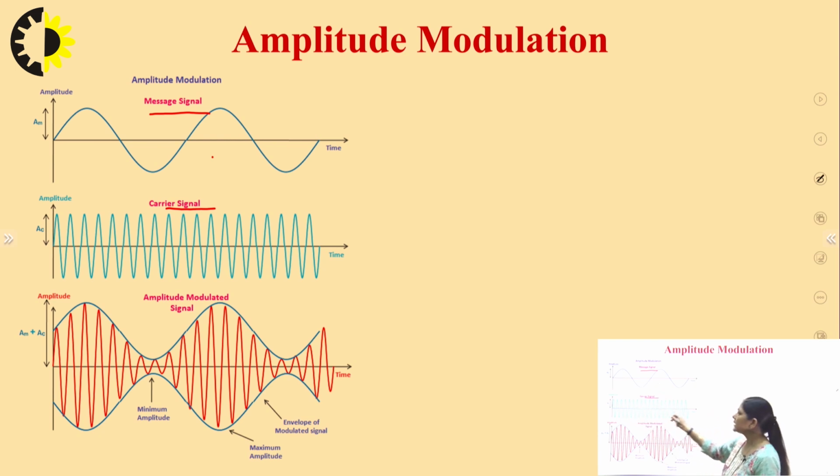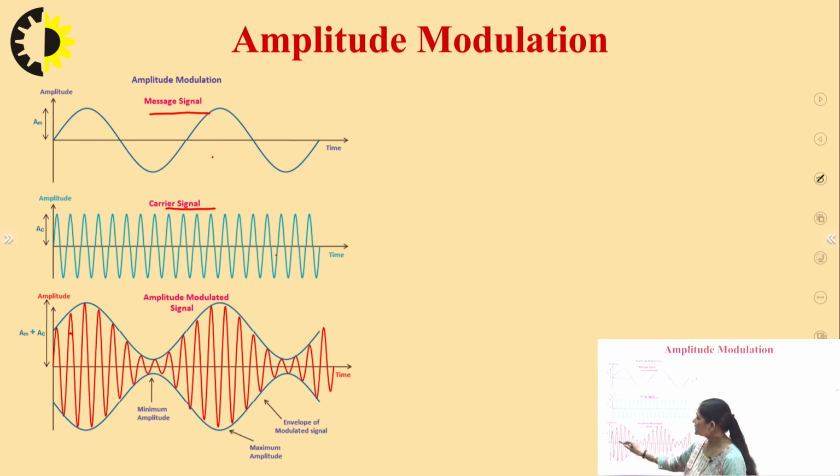Now in this carrier, the amplitude is denoted as AC, and in the modulating signal, the amplitude is denoted as AM. For message signal, the amplitude is AM, and for carrier, the amplitude is AC. Now how the amplitude modulated wave will look like? Now you can see this is the frequency of this signal.